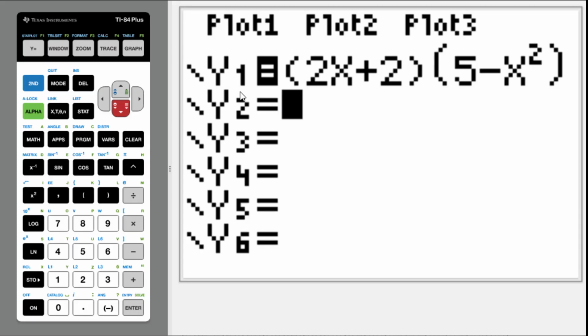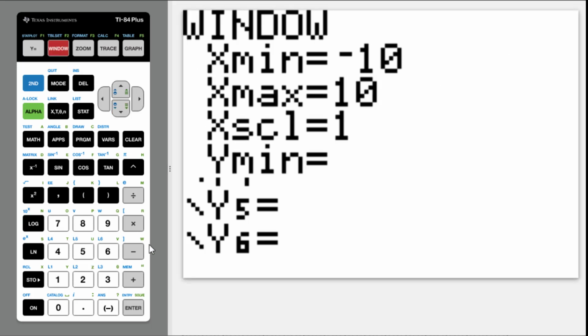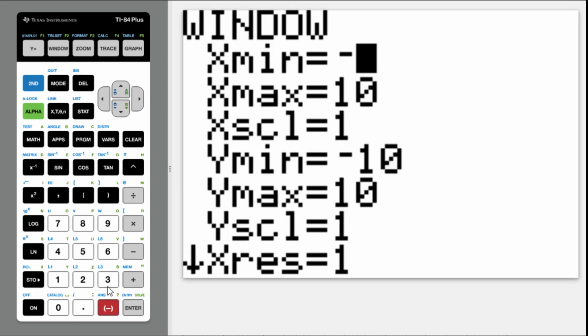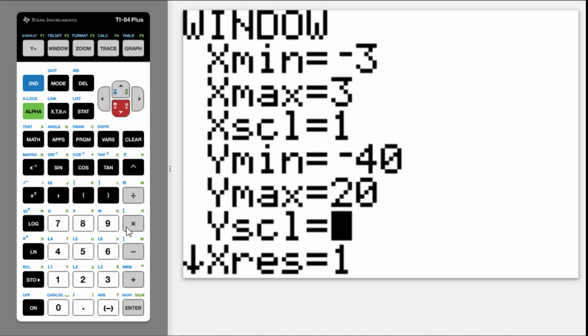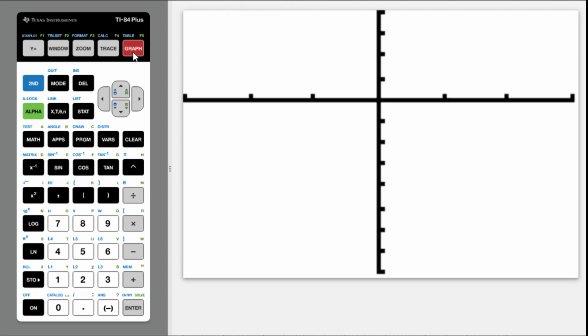I put the original function (2x plus 2) times (5 minus x squared) into y1. Then we need to change the window. x minimum -3, x maximum 3, scale 1. Y minimum will be -40, y maximum is 20, scale will be 5.